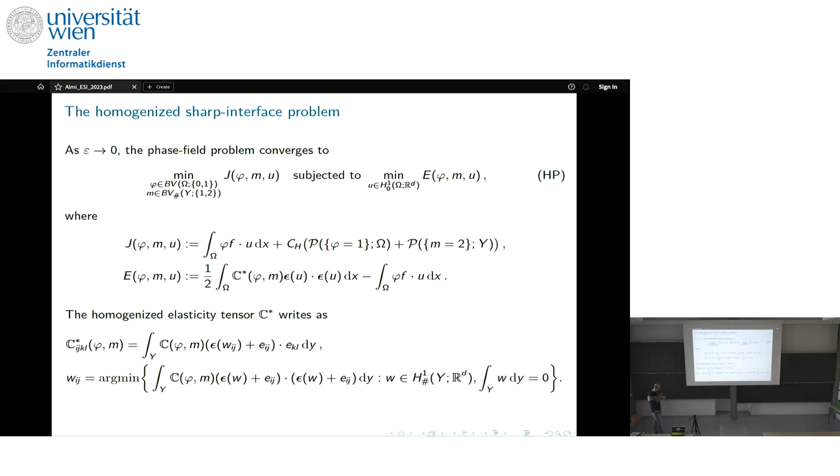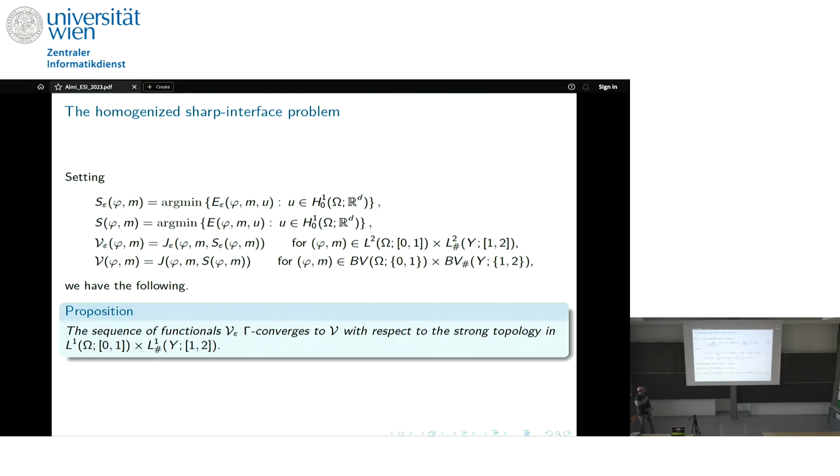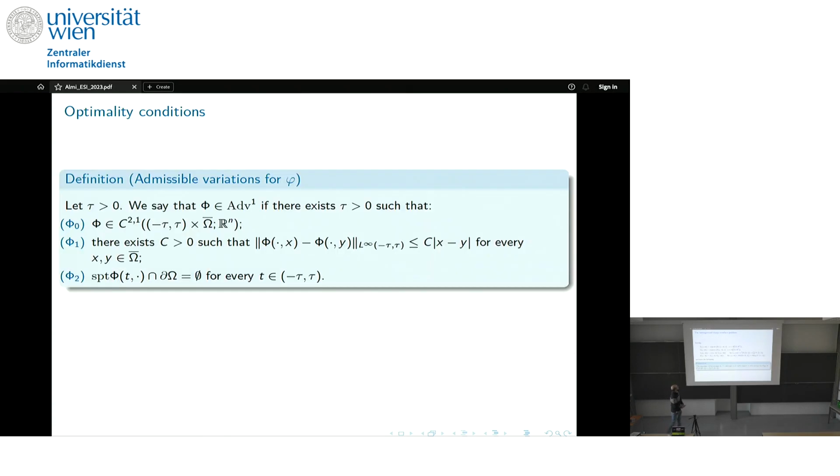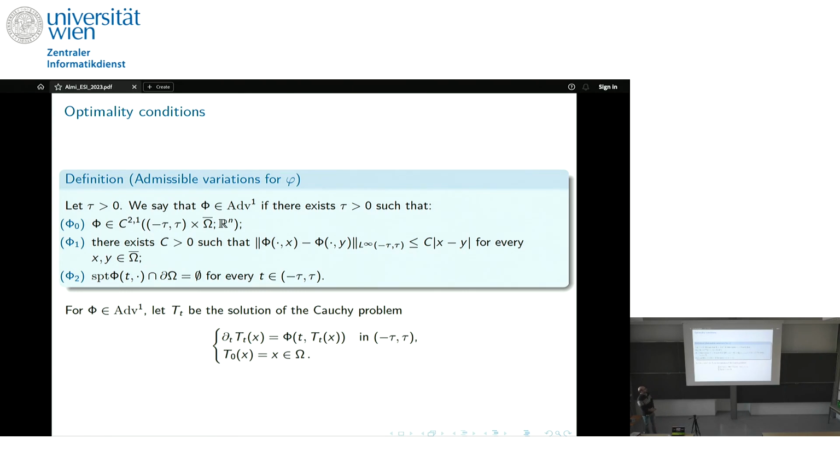Okay, just to describe a little bit how you find the optimality conditions. So here, I'm working in the sharp interface problem. So what I want to do here is what I couldn't do with plasticity, that is take variation of the perimeter. Okay, so this is just the gamma convergence, but I talked to you about it already. So the variations that you take are the following. You have to do two variations at this point because you have two variables.